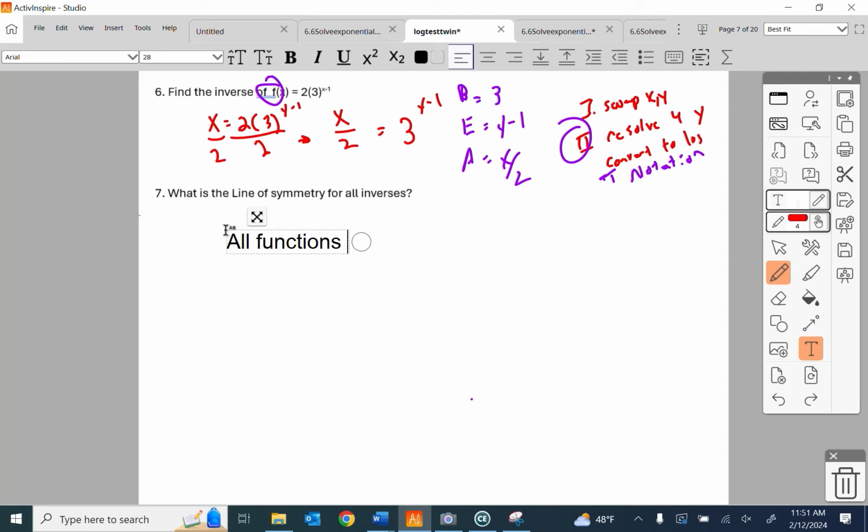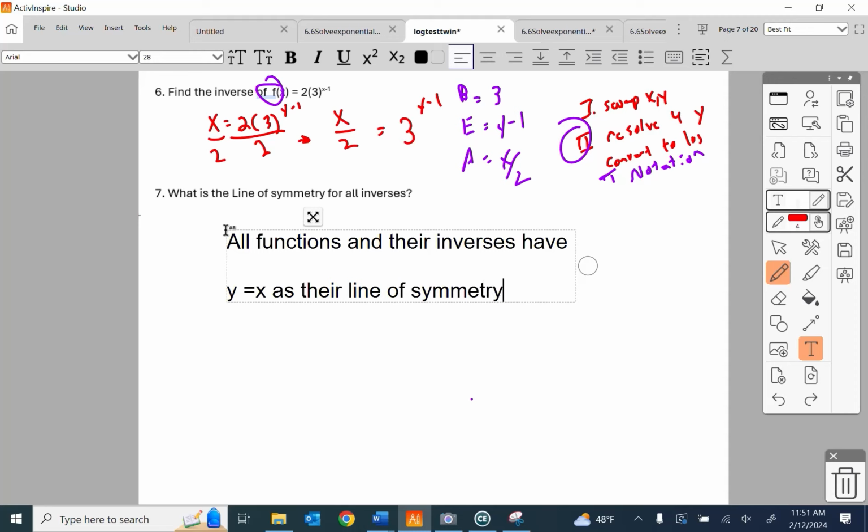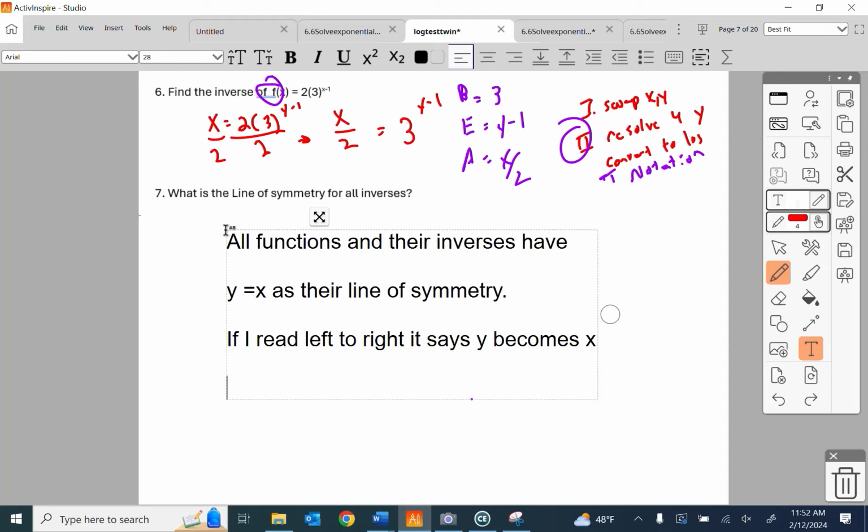All functions and their inverses have y equals x as their line of symmetry. This makes sense to me. If I read left to right, it says y becomes x.